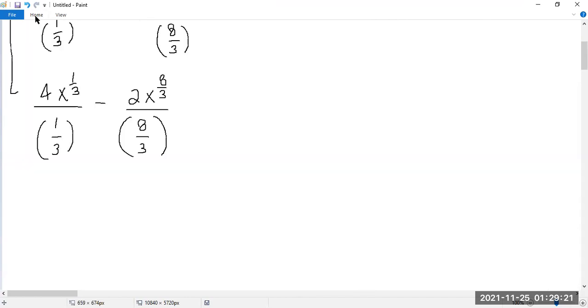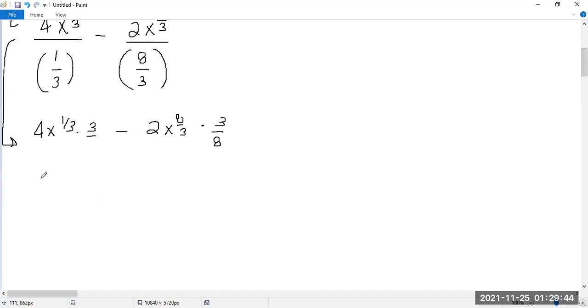And so what we would do in this case is we would say that this is 4x to the 1/3, we're multiplying by the reciprocal of this, which is 3 over 1, which is just 3. Minus, and then again, we're doing 2x to the 8 over 3, right? But then we're multiplying by the reciprocal of this, which is 3 over 8. So we would have 4x to the 1/3 times 3 minus 6x to the 8 over 3 over 8.